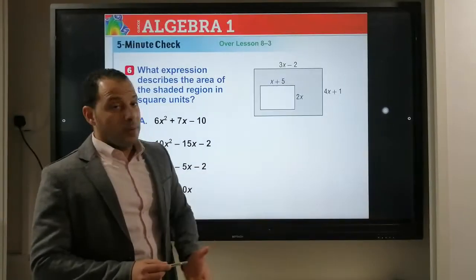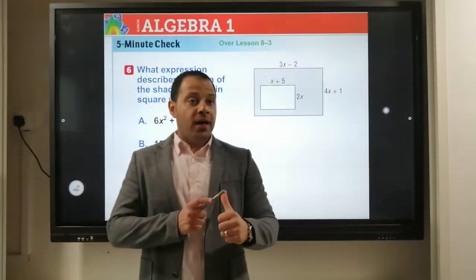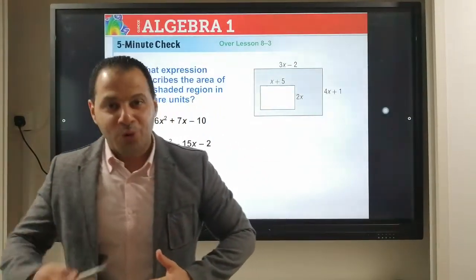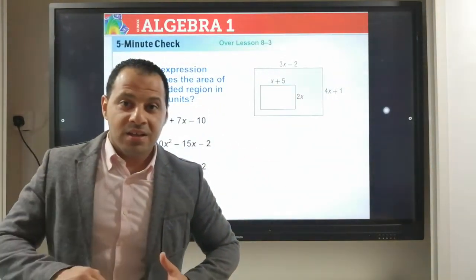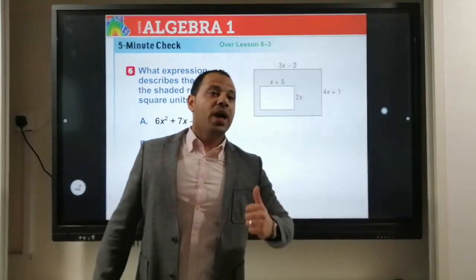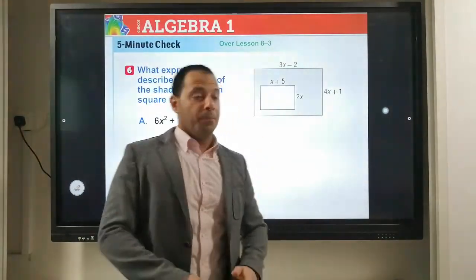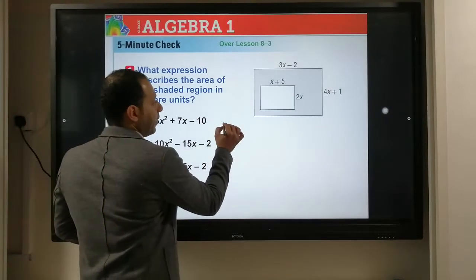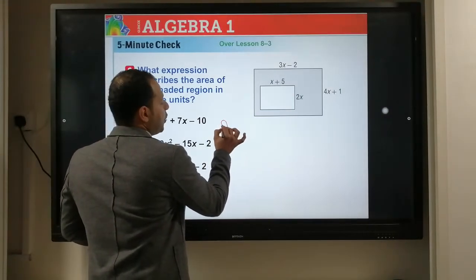So, to solve this problem, I must get the area of the big rectangle, the area of the small rectangle, and then subtract. So we have to make three operations. First, I need the area of the big shape.